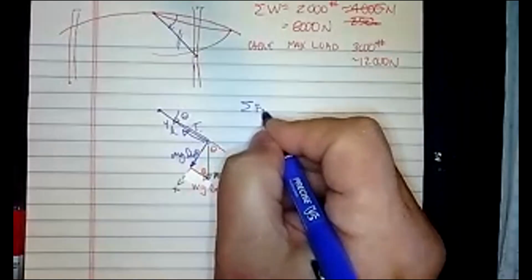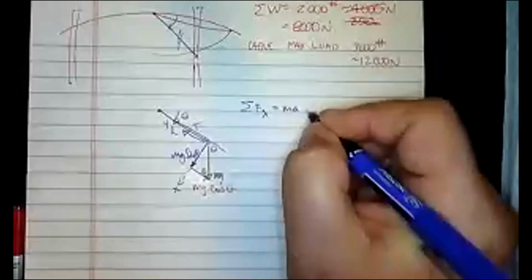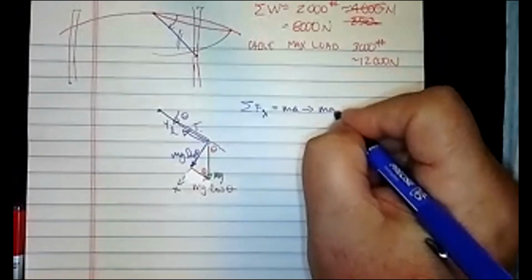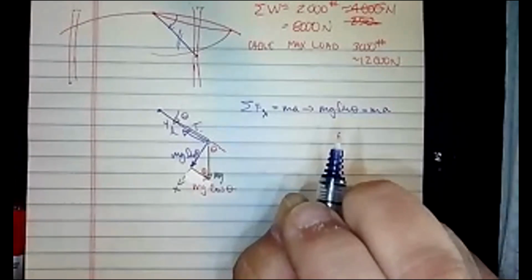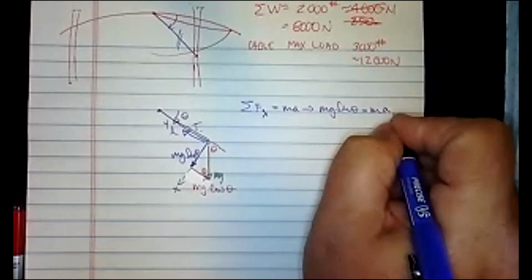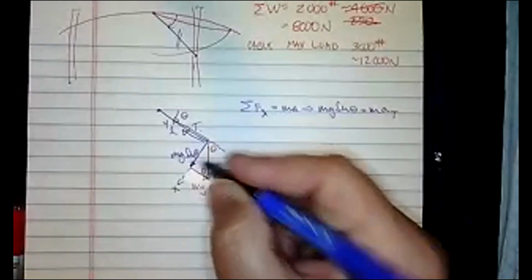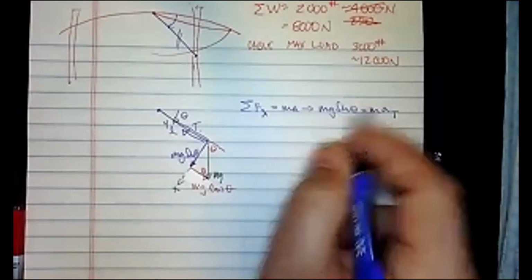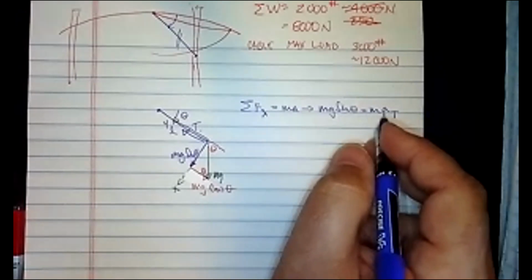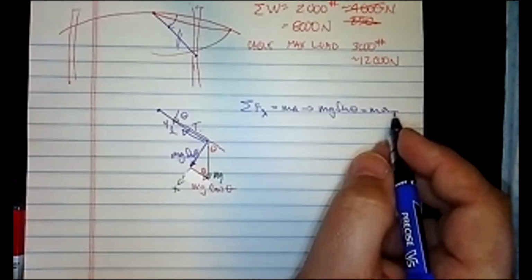So the summation of forces in the x direction equals mass times acceleration gives me that basically the only force is mg sine theta is equal to m times a. And this is the tangential acceleration. This is the acceleration along the circular path. So I'll put a T on it. We're not necessarily going to work that out. I mean, you can see that a is going to be equal to g sine theta, and that's fine.